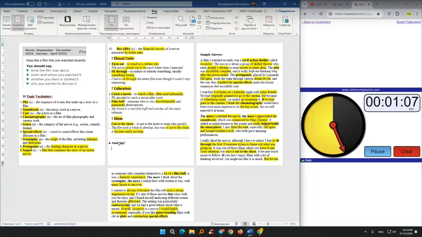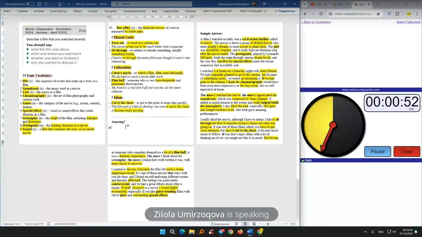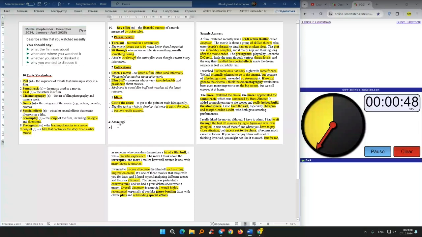The film required focus to follow, but once the plot picked up, it became easier to understand. To be more specific, the ending sparked a great debate among us. I definitely recommend Inception if you like smart, visually impressive movies with deep plots.